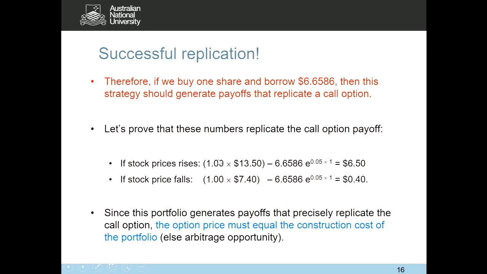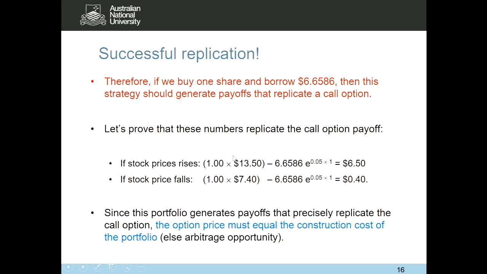We own 1 unit of that share, so that's 1 multiplied by $13.50. At the same time, we also need to repay the loan that we borrowed, right? So 1 year ago, we borrowed $6.65, and 1 year later, we need to repay $6.65 with a bit of interest. So that's $6.65 times e to the power of 5% multiplied by 1. And the negative sign simply means we need to repay that money, the money going out.